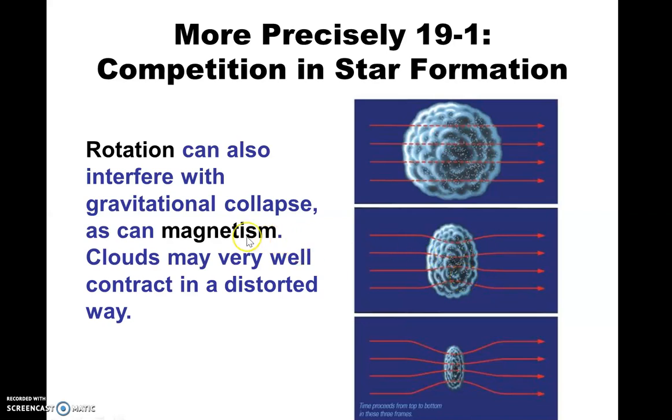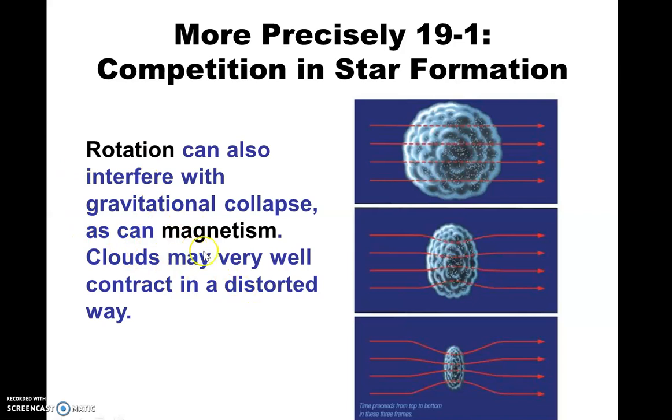And if there's a magnetic field present, and magnetism has to do with moving charged particles, that's where magnetism comes from, it will also prevent this gravitational collapse. But of course, we know that gravitational collapses do occur. Obviously, there are lots of stars in the galaxy, in the universe, as a matter of fact.